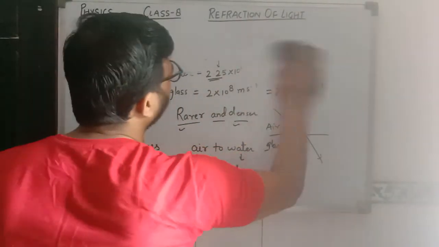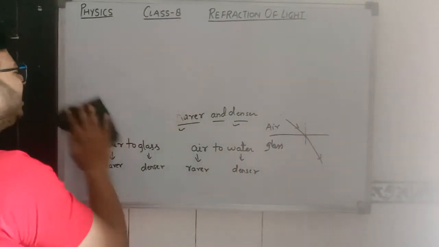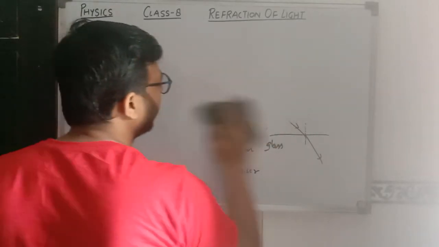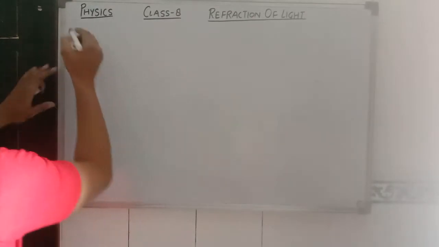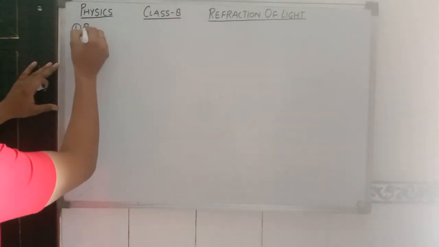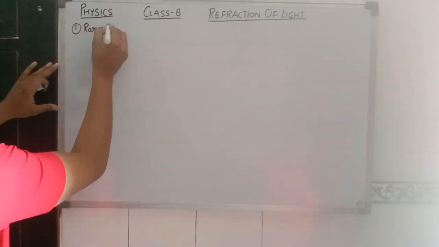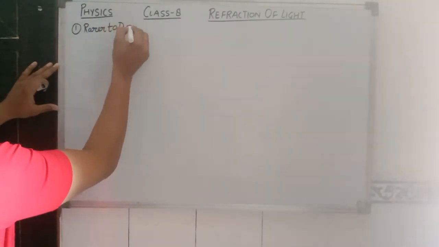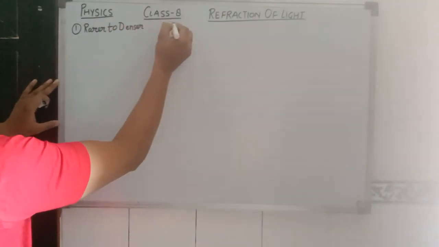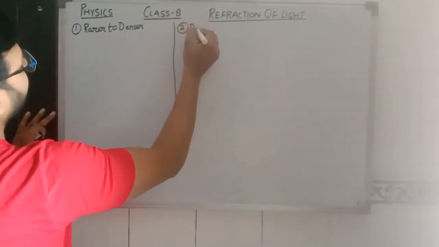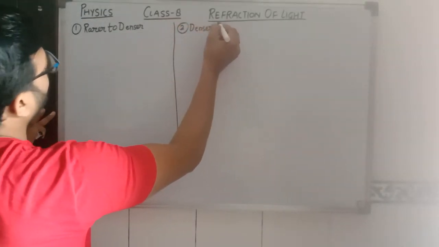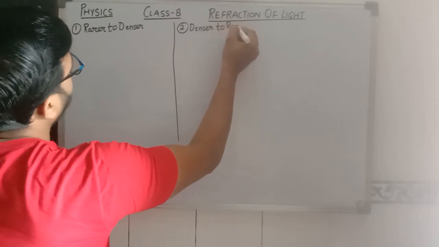Now there are three diagrams. There are three cases. Very important, you have to understand this topic. The first case is when the light ray is passing from a rarer to a denser medium. The second case is when the light ray is passing from a denser to a rarer medium.